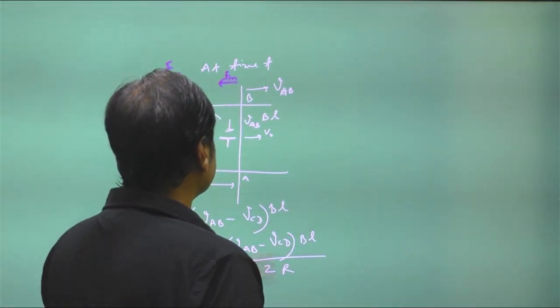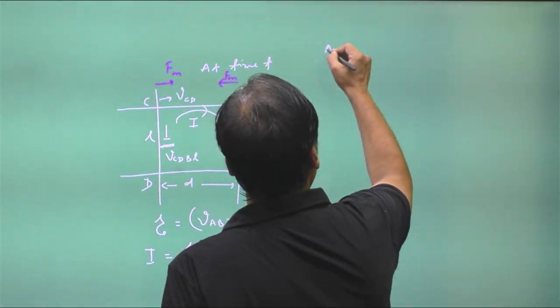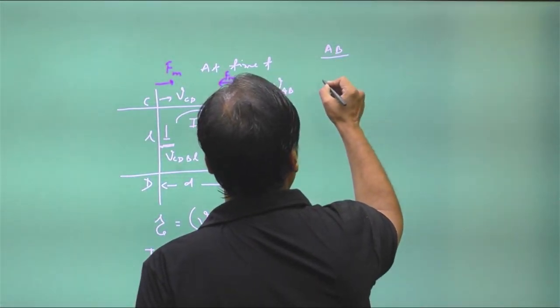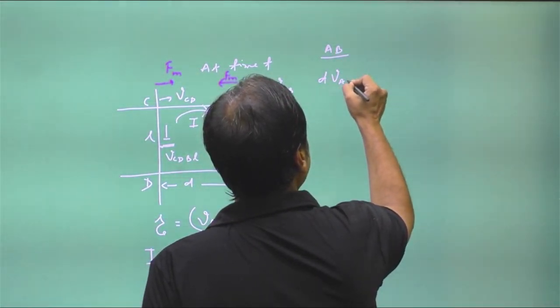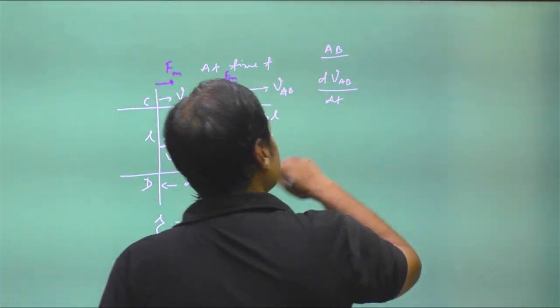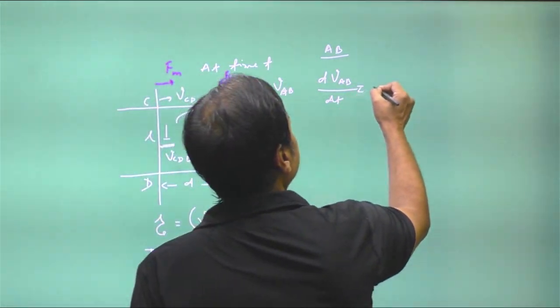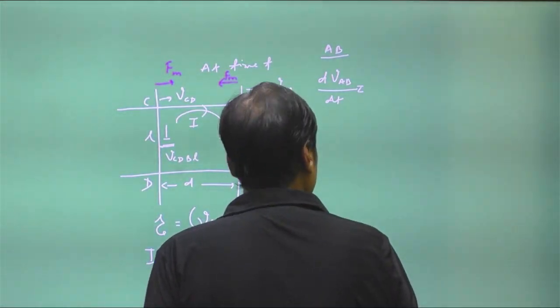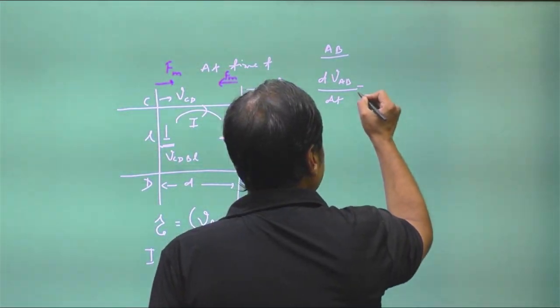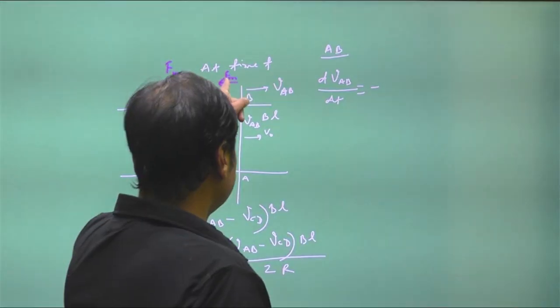Newton's second law of motion for AB, where dVAB is the intermediate time velocity: dVAB upon dt equals minus. Why minus? It is decelerating, and minus this force.